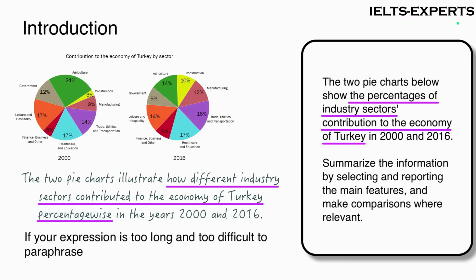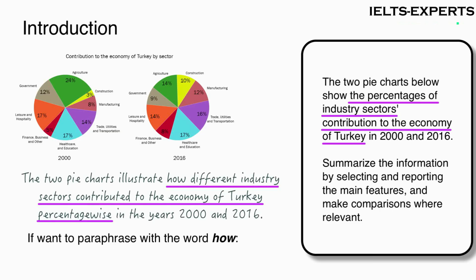If your expression is too long and too difficult to paraphrase, you can just use the word how. So, if you want to paraphrase with the word how, then you have to find the action noun. In our case, it is contribution. And change it to a verb. In our case, contributed. And make a new sentence.